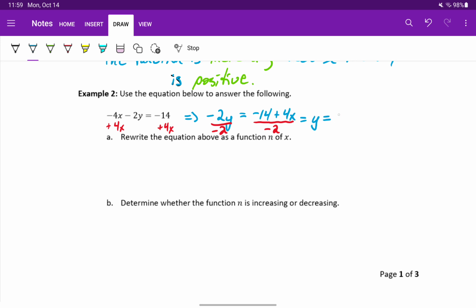Dividing each term by negative 2 on the right-hand side of the equation will give us positive 7 minus 2x. Now that we've rewritten the equation in slope-intercept form, we can replace y with our new function name of n. N of x is equal to 7 minus 2x.